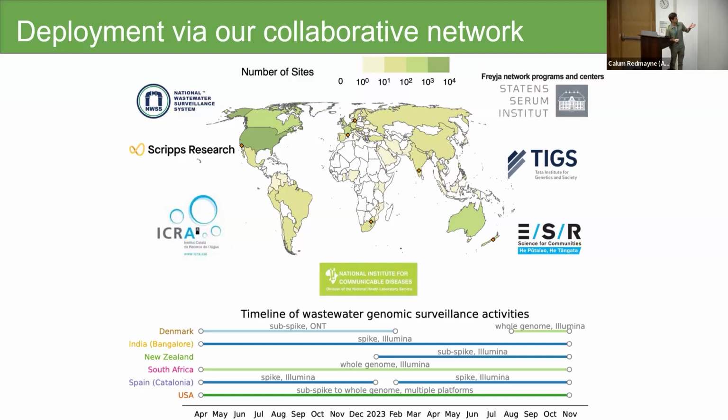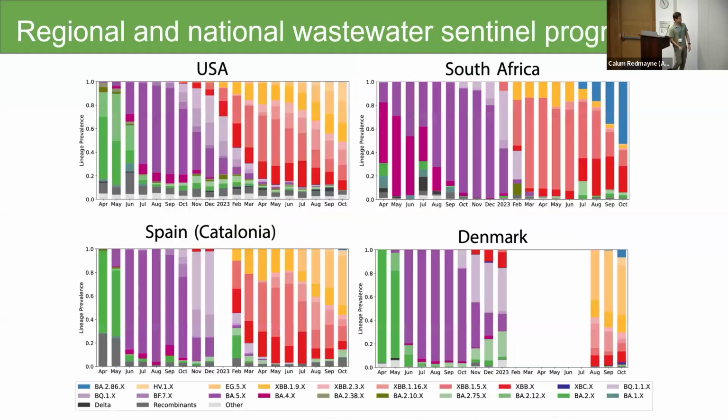Each of these groups is using widely different approaches for doing the surveillance. Some groups are using spike-focused sequencing, sub-spike only sequencing, nanopore sequencing, Illumina, all sorts of different platforms. And they're able to do this surveillance and get similar results regardless of the platform and the nature of the surveillance system.